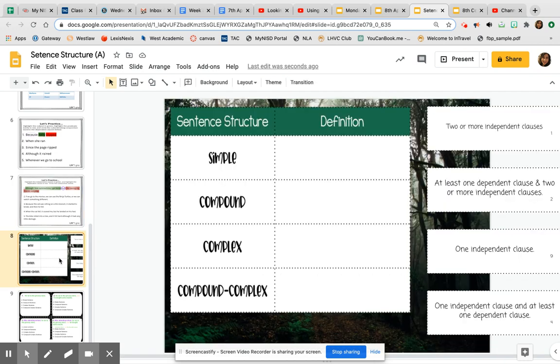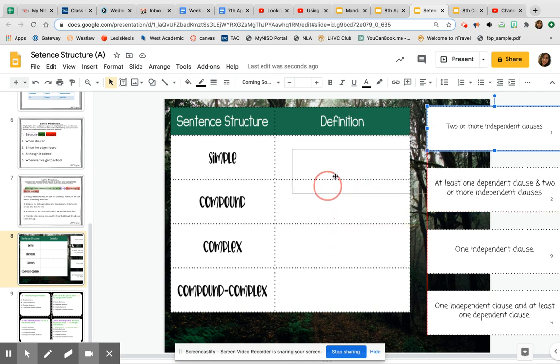On slide 8, we are looking at matching sentence structures, simple, compound, complex, compound-complex, with their correct definitions. So we've got our definitions here. We're just going to slide them over to match the correct word. Okay?